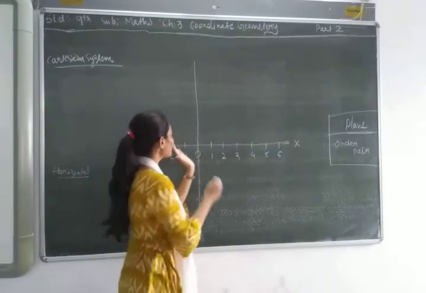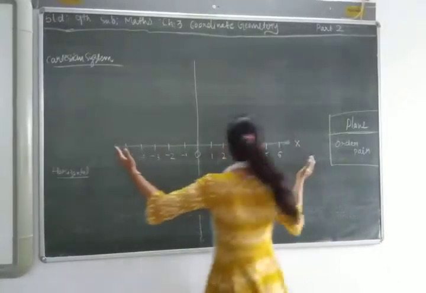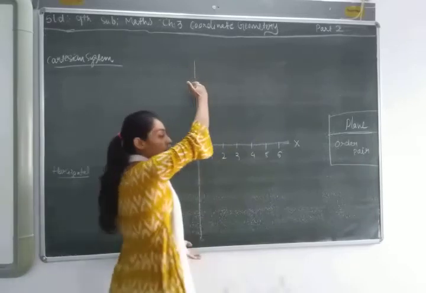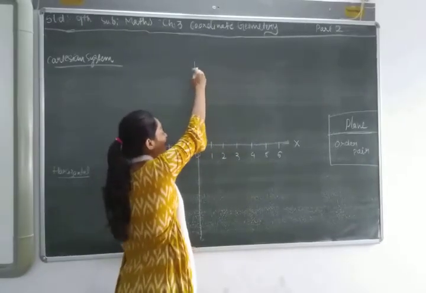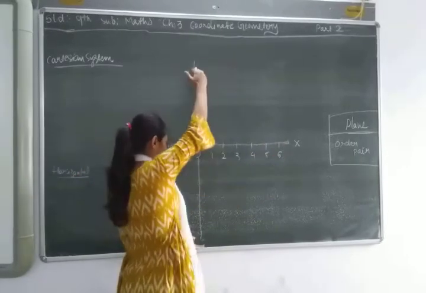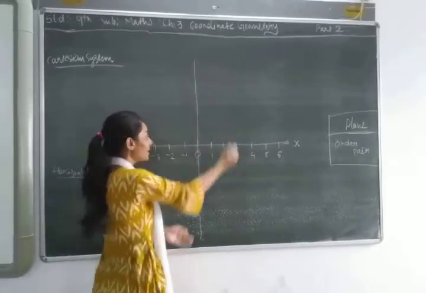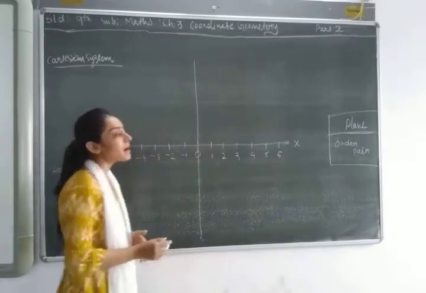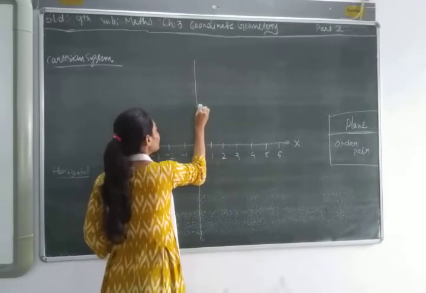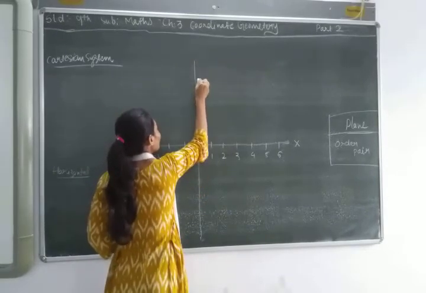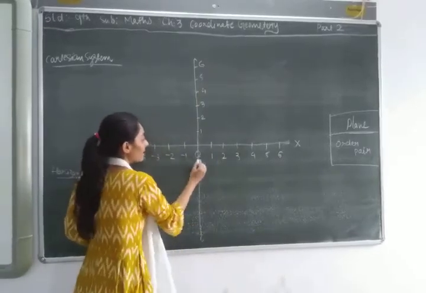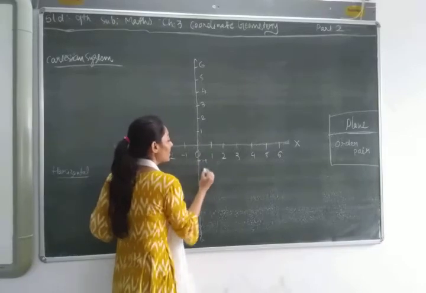Similarly, if this one is my horizontal one, if I move up at a 90 degree angle, if this one is my x-axis and I am just tilting it by 90 degrees, the upper part represents the positive ones: 1, 2, 3, 4, 5, and 6. Similarly, the downwards part represents the negative ones.